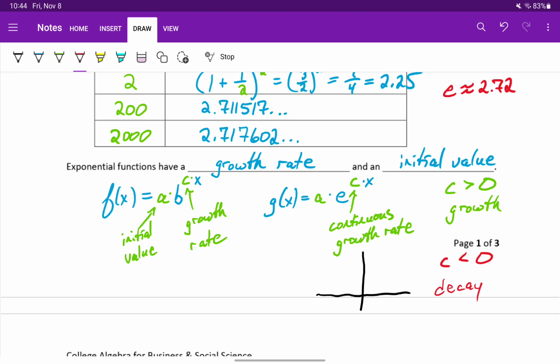So rather than our graph curving up to larger and larger values as x increases, we would see a flipped version of that graph above, where as x gets larger and larger, our function value is headed to 0. And again, we can determine that by looking at our value for c, and we can determine which function is growing at a faster rate by comparing those values as well.